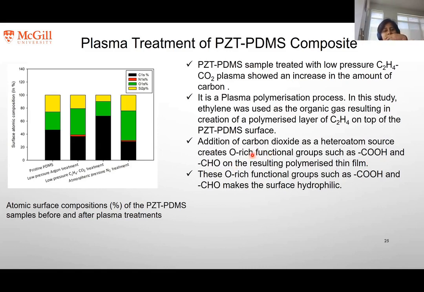These functional groups are formed on the layer of polymerized film. So these oxygen-rich functional groups basically make the surface hydrophilic.